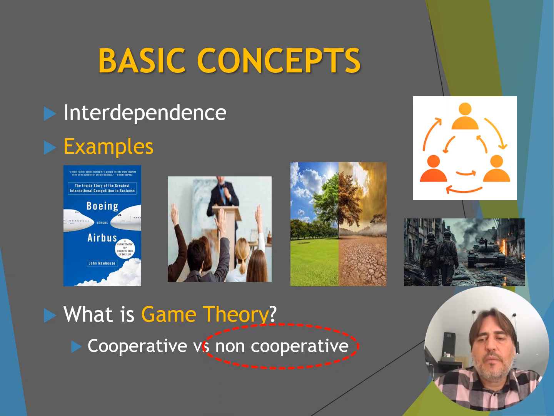Game theory, then, is a mathematical tool frequently used to analyze strategic interactions between two or more agents. In a strategic context, each individual does not necessarily have a choice that is best for them alone.